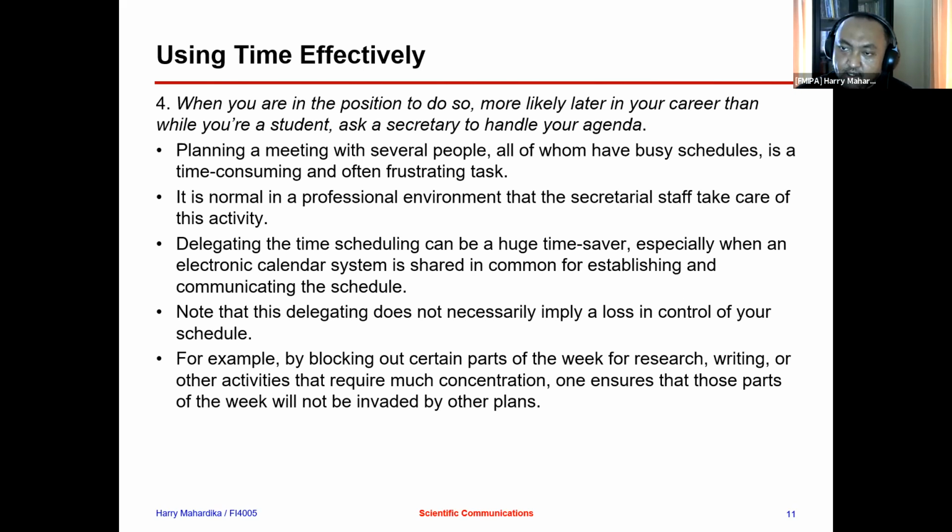So you can delegate some work to your colleague in your group, and then vice versa.